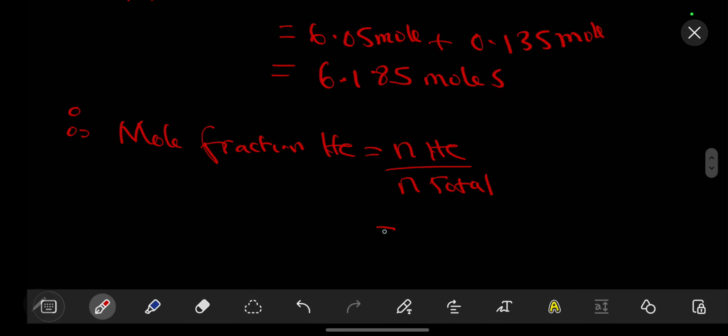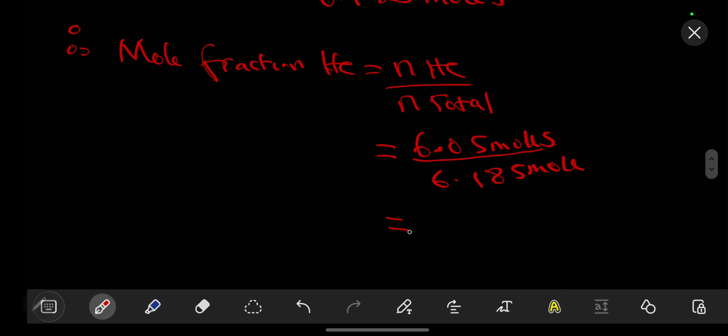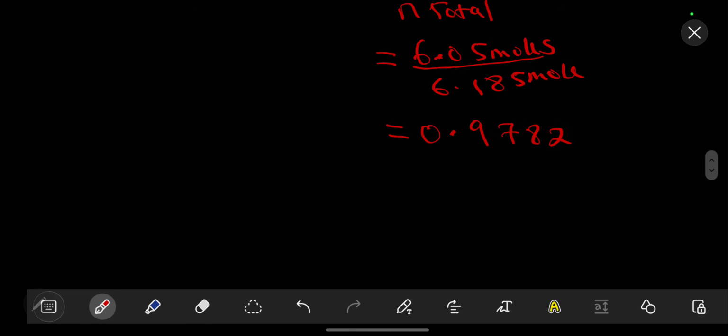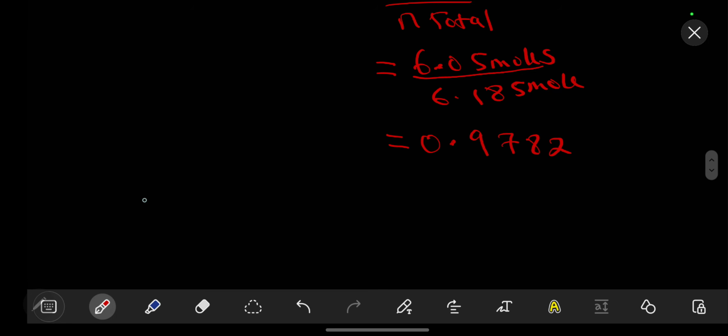The number of moles of helium is 6.05 moles, divided by the total moles, which is 6.185 moles. So 6.05 divided by 6.185, we end up with 0.9782.